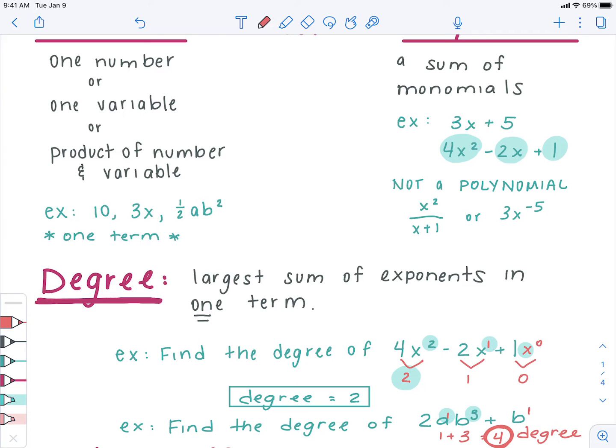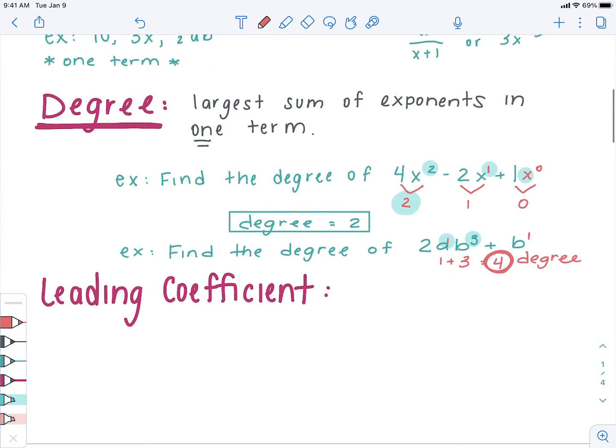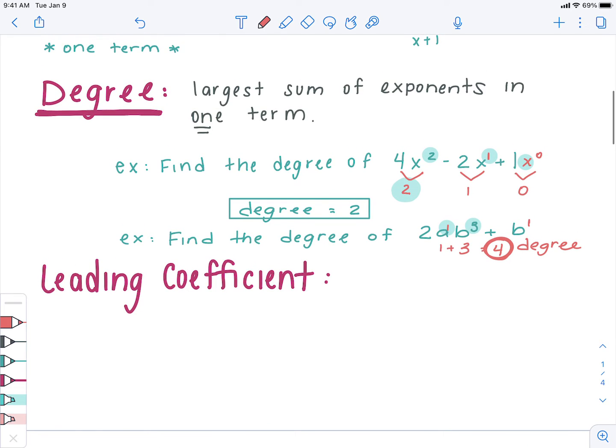So in addition to picking out the degree, once we've picked out the degree, another way that we can help understand the shape of the graph and what's happening with the equation a little bit better is to pick out what's called the leading coefficient. And all the leading coefficient is saying is the coefficient in the term with the degree.